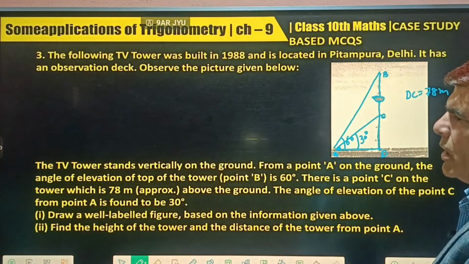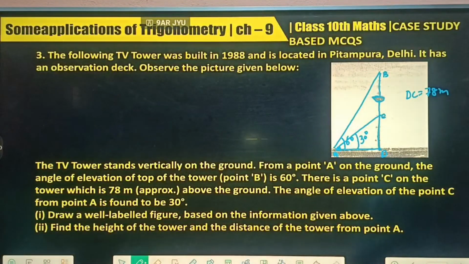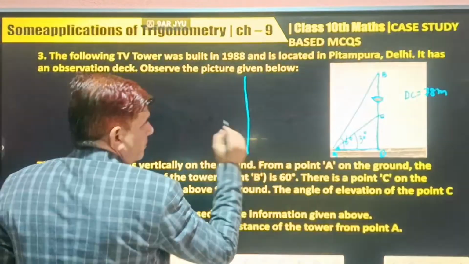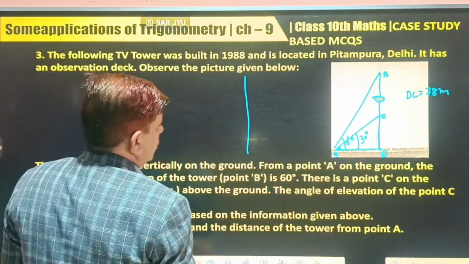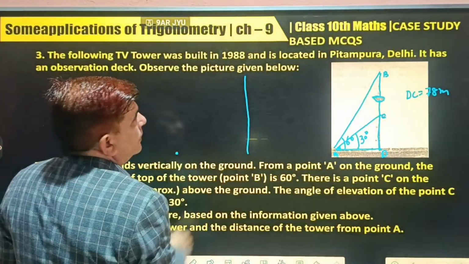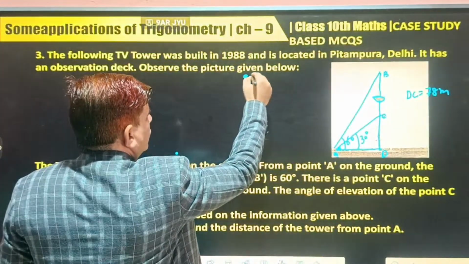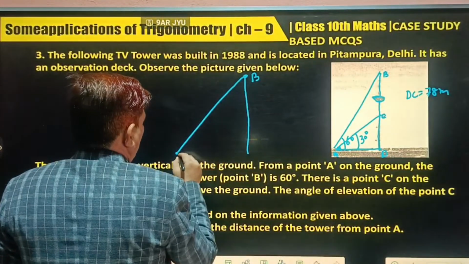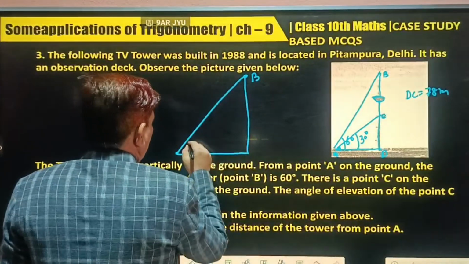Question part 1: draw a well labeled diagram based on the information given above. So we can draw like this. This is a tower. This is the point A, and this is the top of the tower, point B. This angle is 60 degrees.